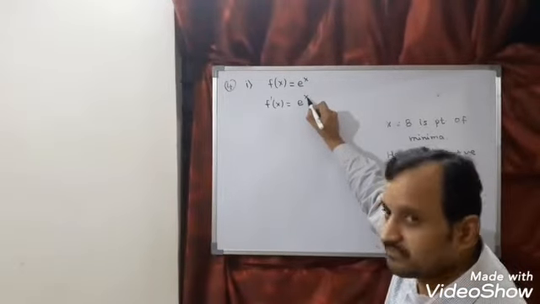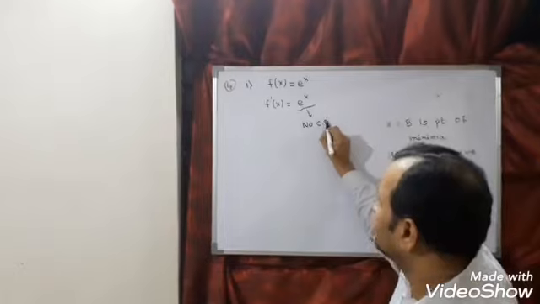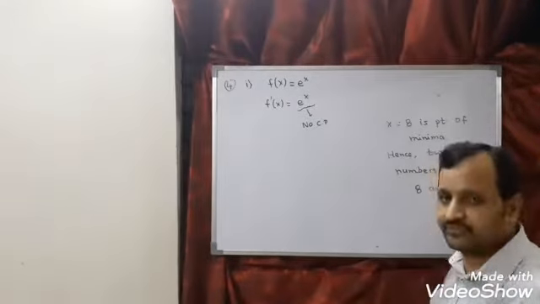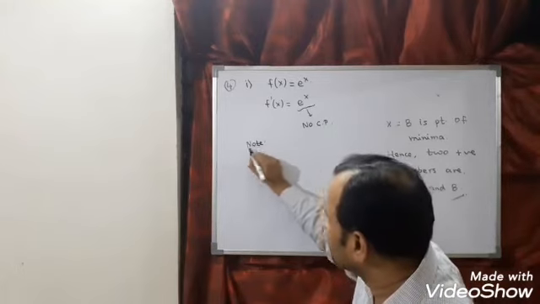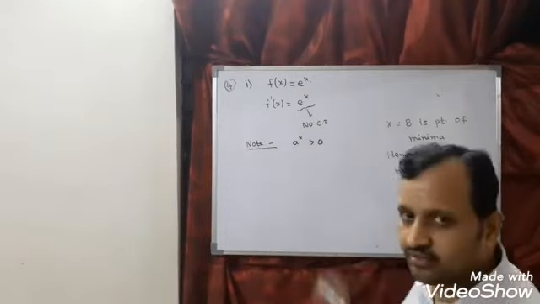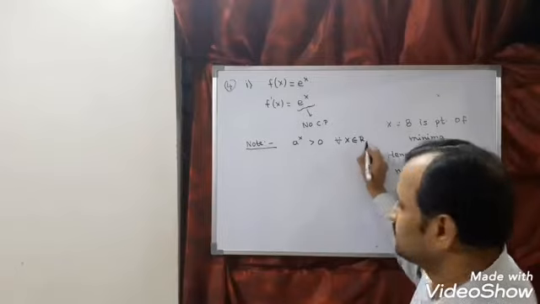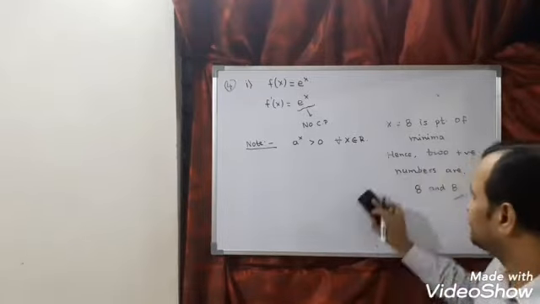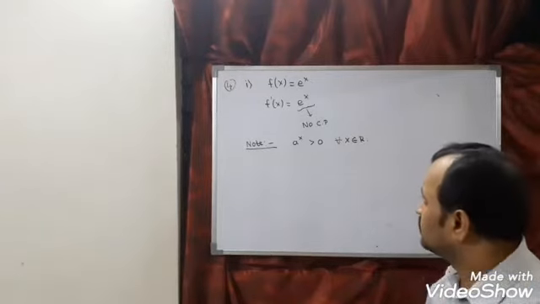I have given one note. Whenever the variable is in the power, then we can say that for this there is no critical point. Refer to the note under the working rule. One very important point, remember this: a power x is always greater than 0 for all x belongs to R. So what is a here?